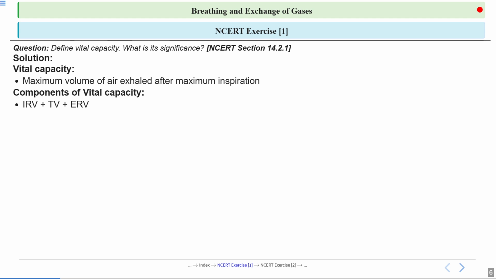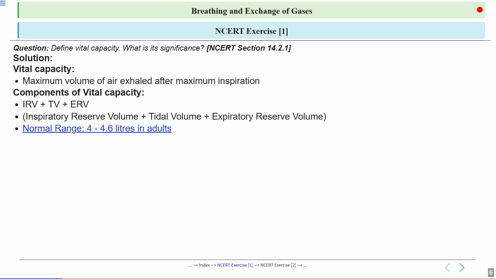A person can expire by forceful expiration, that is the expiratory reserve volume, and it ranges from 1000 to 1100 ml. So these are all the three definitions that we have already covered in our theory class. Inspiratory reserve volume plus tidal volume plus expiratory reserve volume, when you sum up all these volumes, you get the vital capacity.